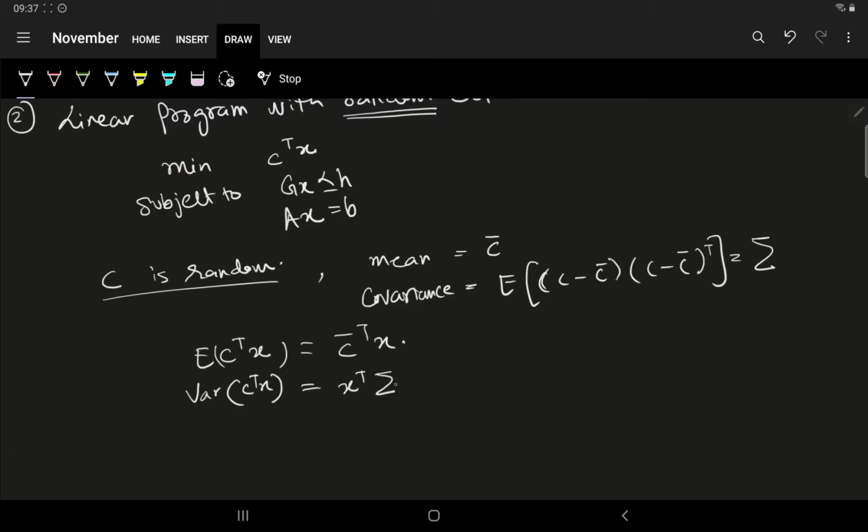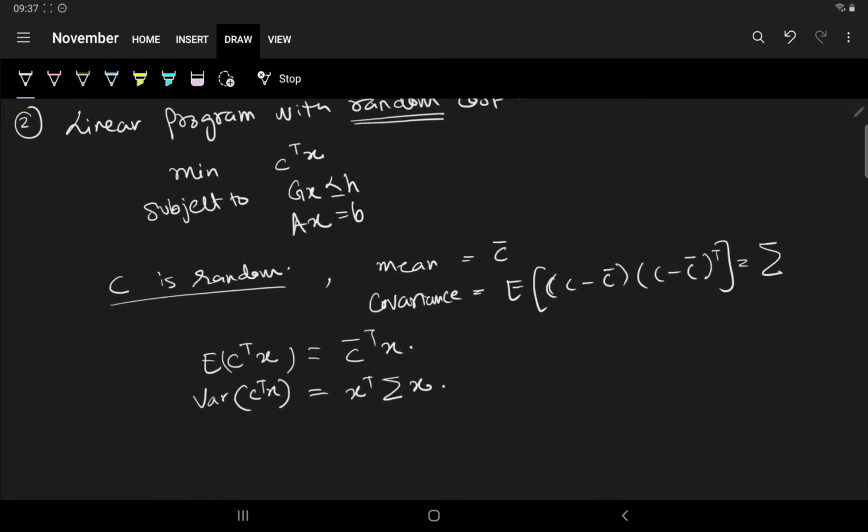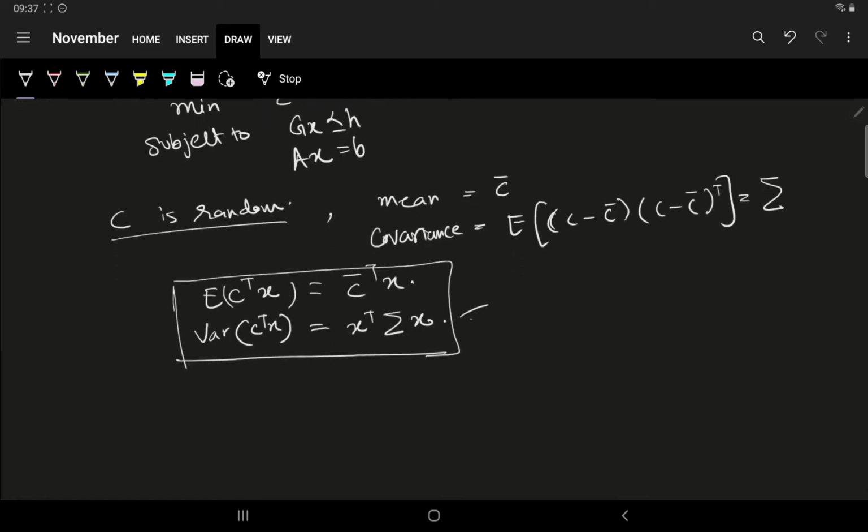Because the other parameters are also deterministic, what we really do is create a value that will be a kind of trade-off between the expected value of c and the variance.